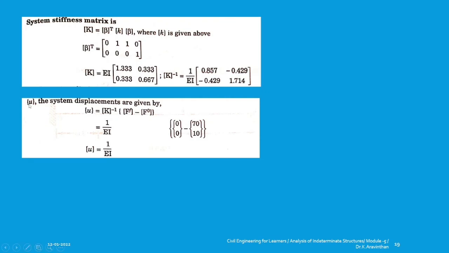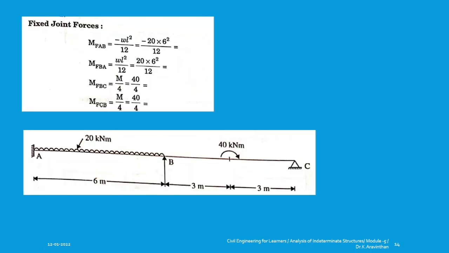Now the next step is finding u. What is u? The system displacements are given by u equal to k inverse into (f of f minus f naught). What is k inverse? You know the k inverse value is here, and f of f is the component, the answer you got here.